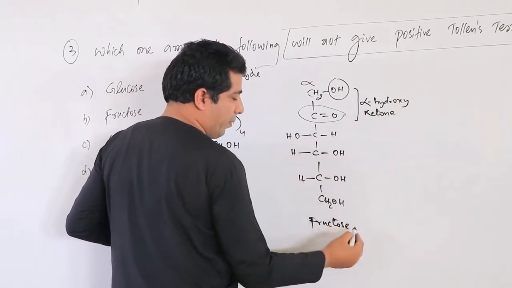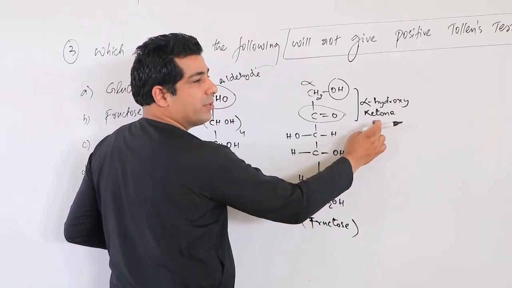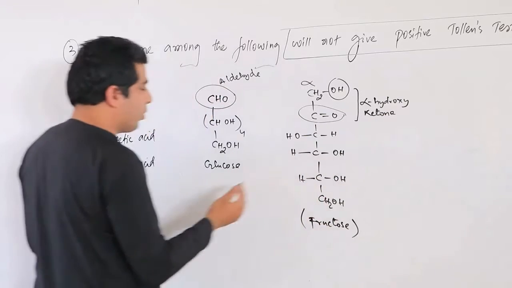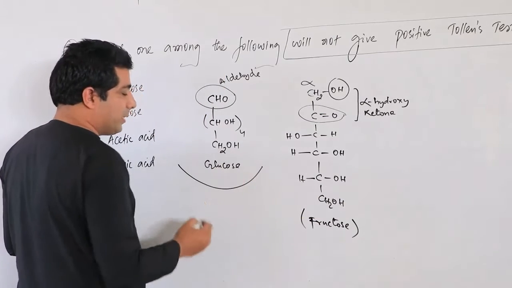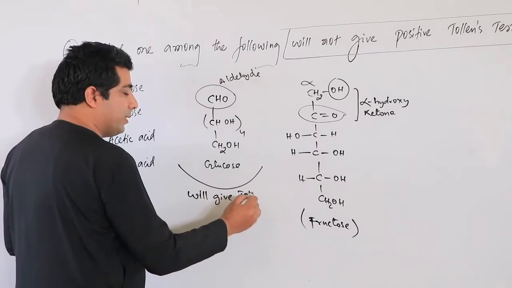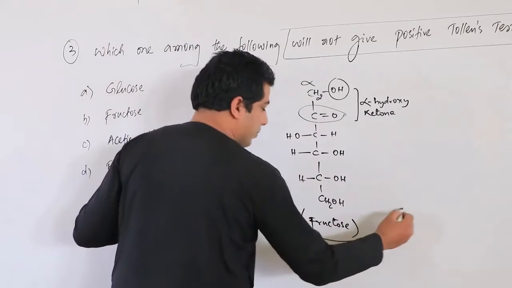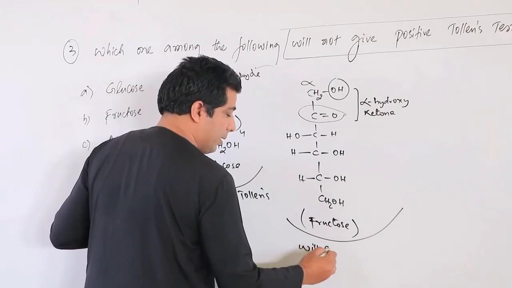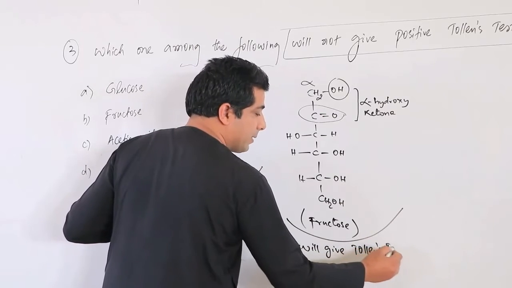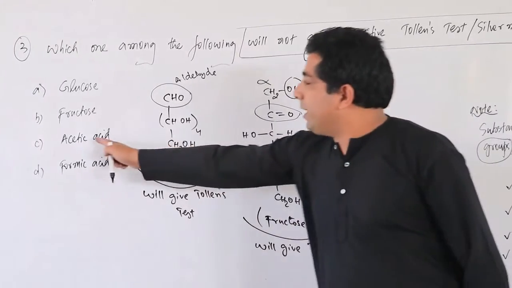That means your fructose molecule does have alpha hydroxy ketone. Okay, so it will give positive Tollens test. This guy will also give Tollens test.